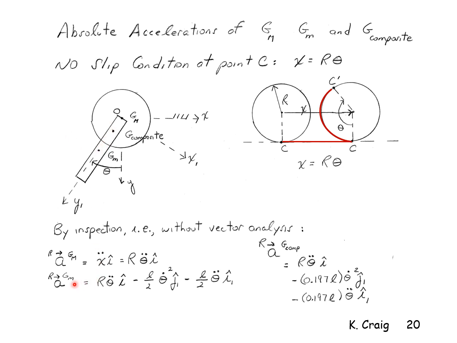So the acceleration of the center of mass of the bar with respect to ground is r theta double dot I hat, which is the acceleration of point O, minus L over 2 theta dot squared, again, the acceleration in the minus y1 direction, the minus j1 hat direction, minus the tangential direction, which is in the minus x1 direction, L over 2 theta double dot. So that's in the direction this way.